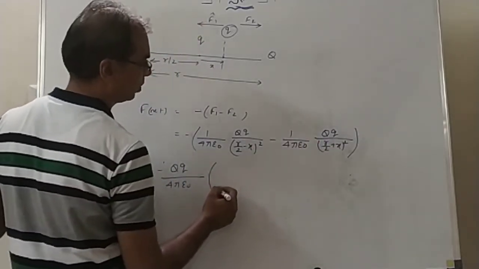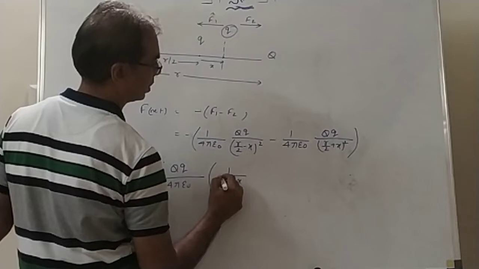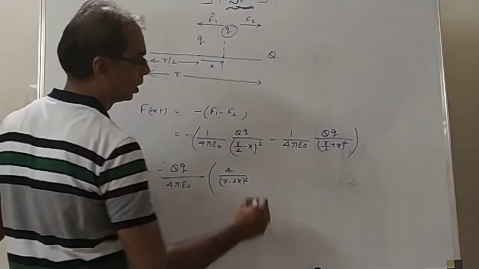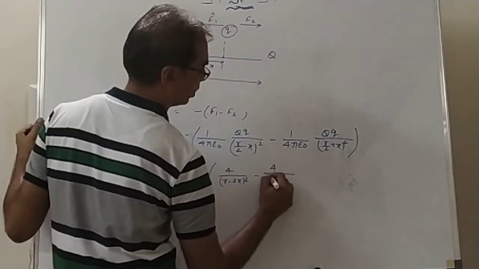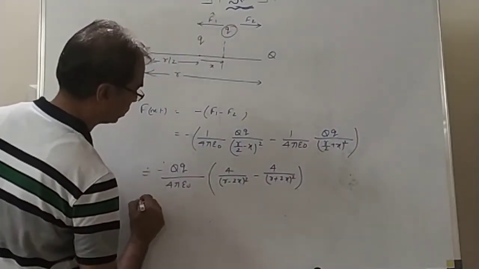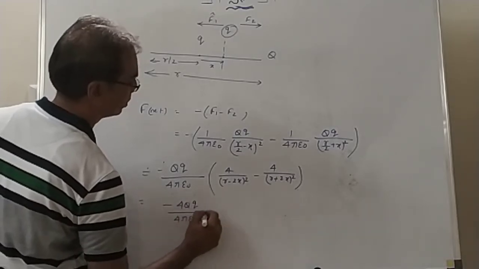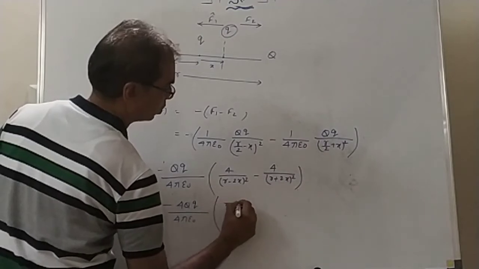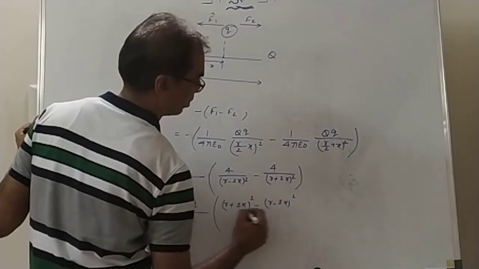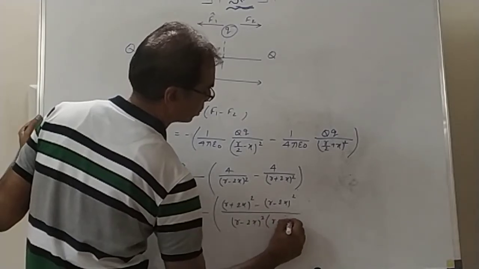So take its LCM. First write it like this: r minus 2x whole square, and take this 4 up. Minus here also 4 by r plus 2x whole square. 4 also will come outside: minus 4q by 4 pi epsilon naught, then r plus 2x whole square minus r minus 2x whole square, by r minus 2x whole square into r plus 2x whole square.